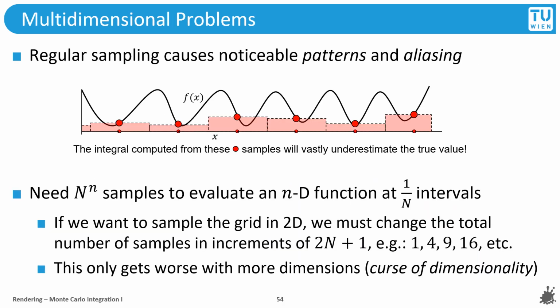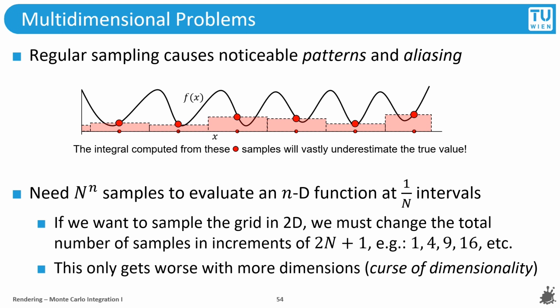From here on out, we will be focusing on this simple idea of forming rectangles under the curve in order to approximate the integral. However, if we stick with our initial idea of regularly spaced samples, we soon find that this is not ideal. For one, regular sampling, especially for rendering, leads to noticeable patterns and aliasing artifacts, which is illustrated in the figure below.